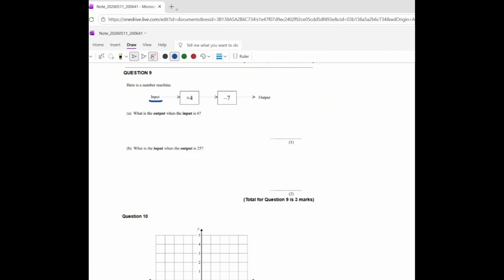You've got input, you're timesing by 4, taking away 7, and then you get your output, which is basically your answer. So this is saying, what is the output, the answer, when the input is 6? So I'm going to put 6 in here, start with 6. I'm going to times by 4 first, because that's the first thing that I'm told to do.